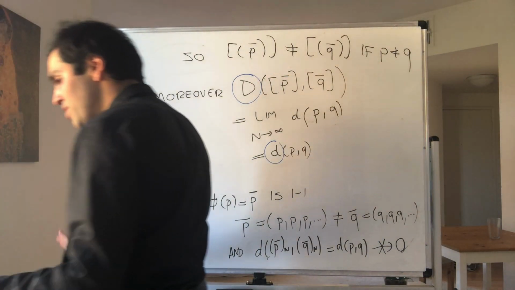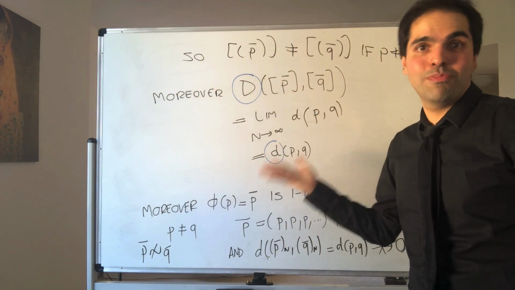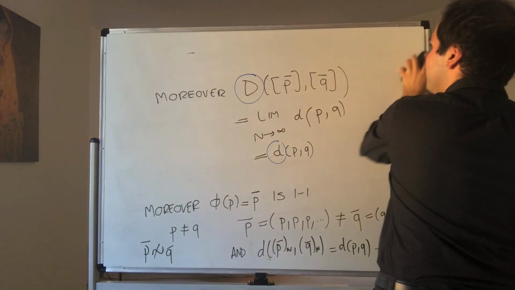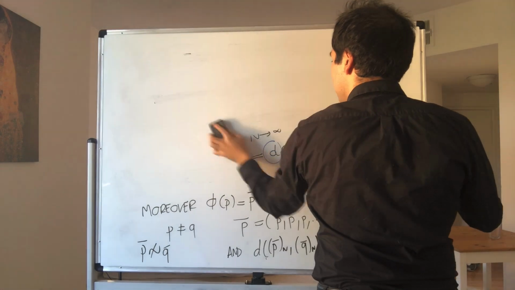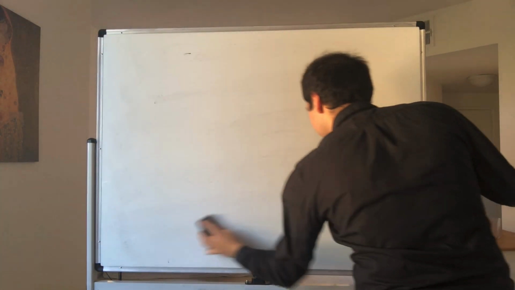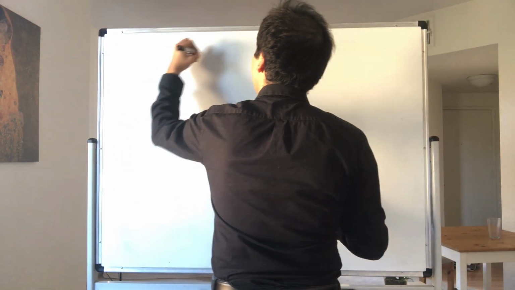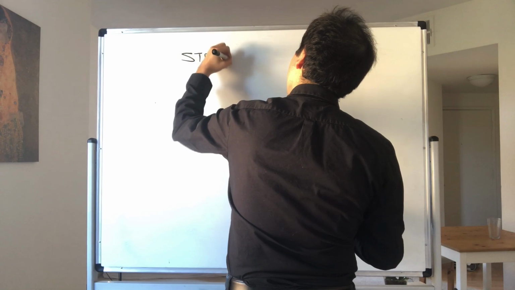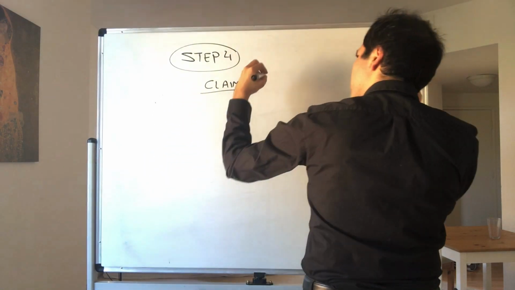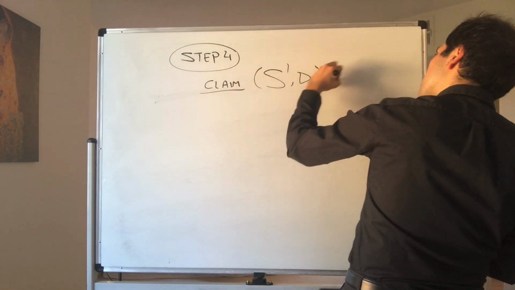All right, and last but not least, we need to show that this space is complete. That is the big last step. So step 4, claim: we want to claim that S prime with the metric D is complete.